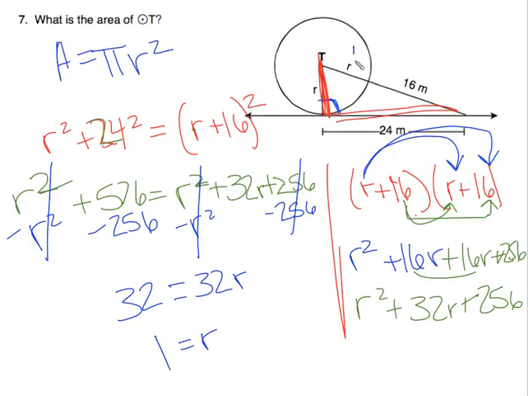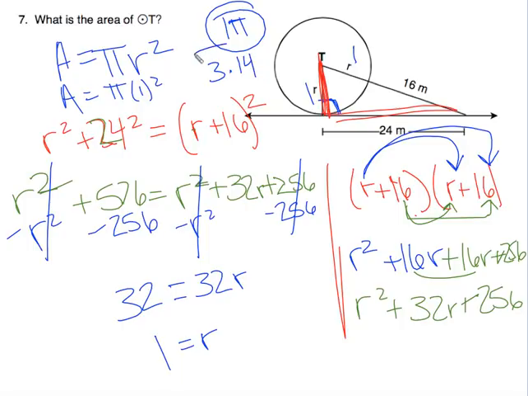And if r equals 1, the area is pi times 1 squared, which gives you either 1 pi, which I think is on the test, I think it's in terms of pi, or 3.14, or 3.1 if it wants you to round to the nearest tenth.